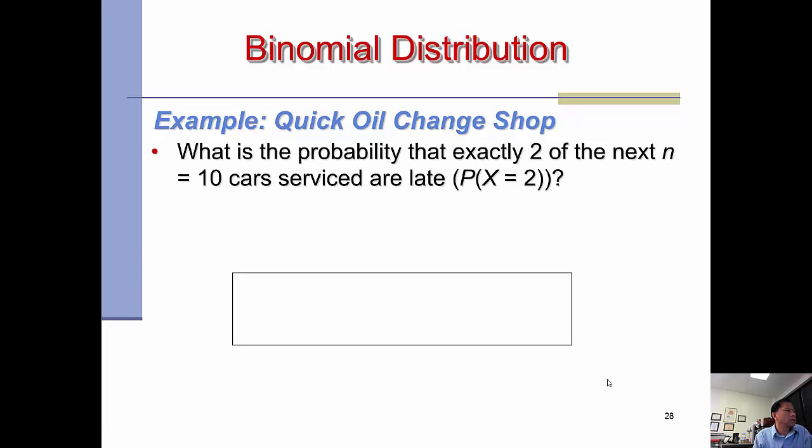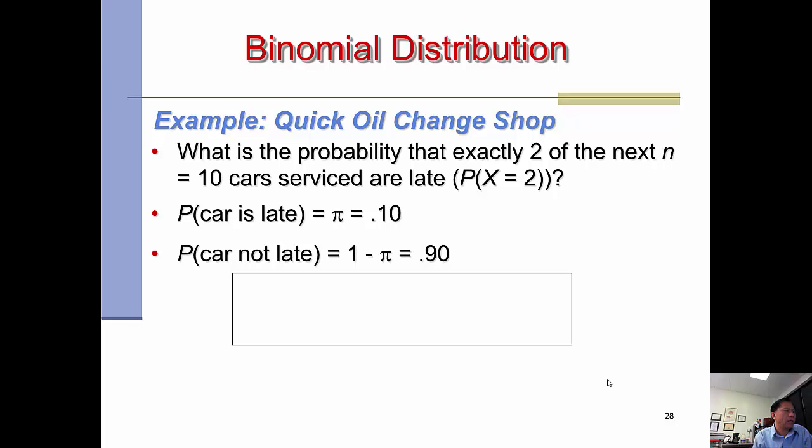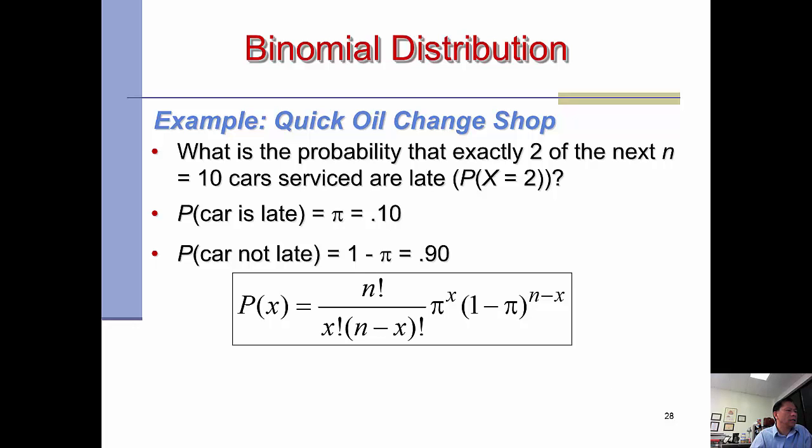Then what is the probability that exactly 2 of the next n = 10 cars serviced are late? In this case, the probability that a car is late, Pi, is 10%, and the probability the car is not late is 90%. So 10% of cars are late. Now the probability distribution function for the binomial is this.